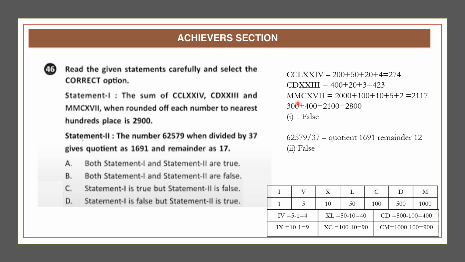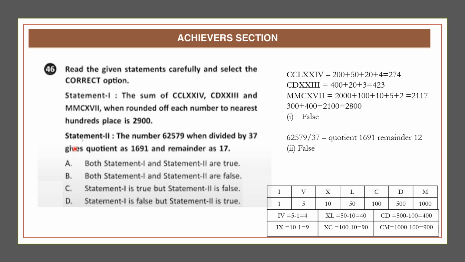Now MM is 2000, C is 100, X is 10 and VII is 5 and 2. So it will be 2117. And now round off each. So 274 will be 300, 423 will be 400, 2117 will be 2100. So total will be 2800. So this statement is false.